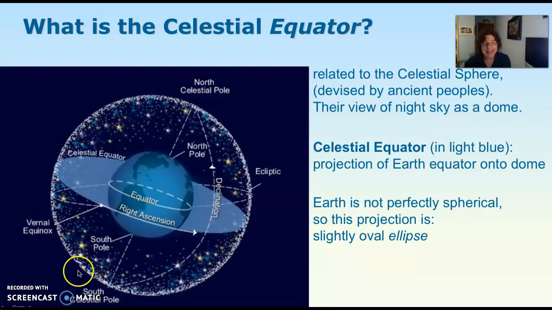So in fact, it is the light blue in here. Here is the Earth's equator. If we project each point out to the dome, it would create this light blue plane, which is the celestial equator. All right. Now, the Earth is not perfectly spherical, so this projection is just slightly an oval ellipse.